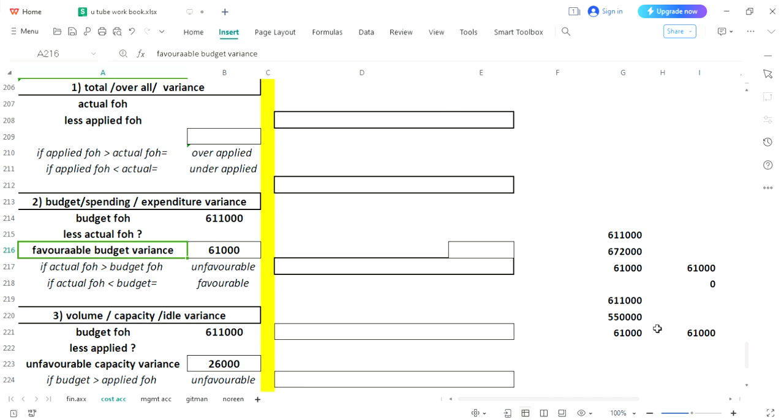So this is the way you will subtract 61,000 from 611,000. So here 611,000 minus 61,000, you will get your variance. This was the answer which was required.